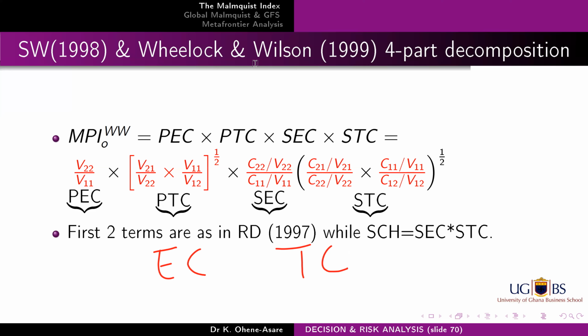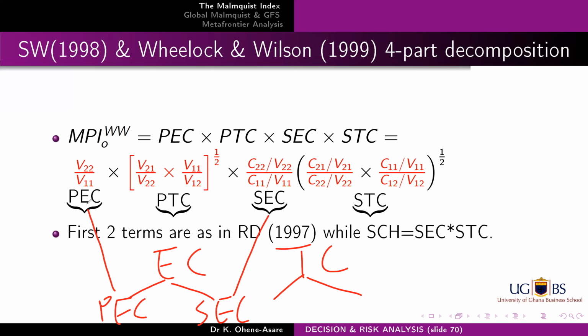So what they are saying is that the efficiency change must be 2, and then the technical change must also be 2. The efficiency change must be pure efficiency change and then scale efficiency change. So this pure efficiency change is this one. The scale efficiency change is that one.